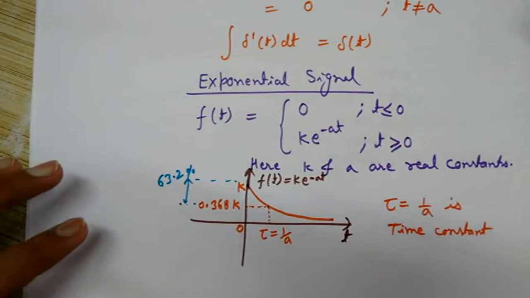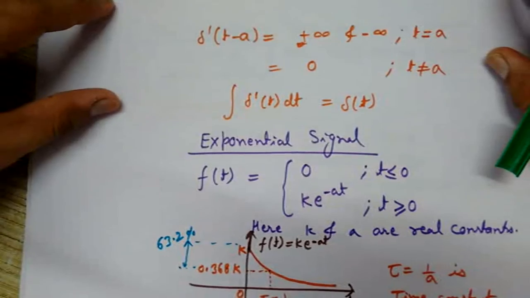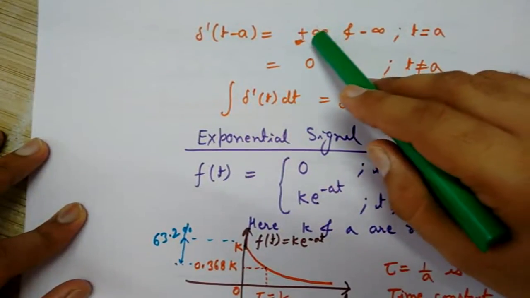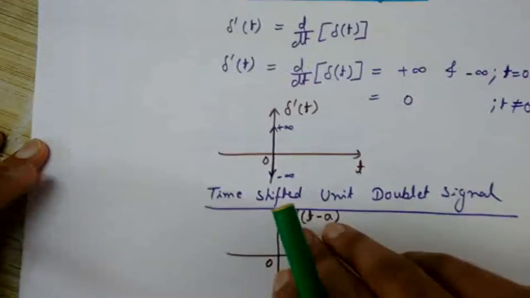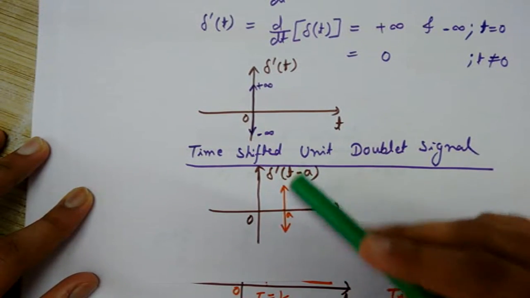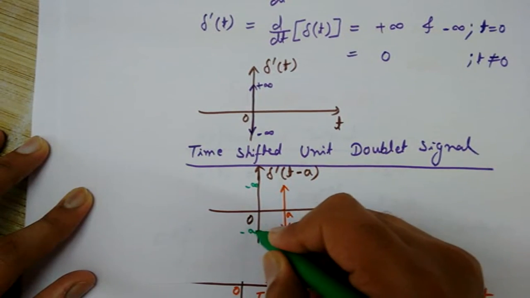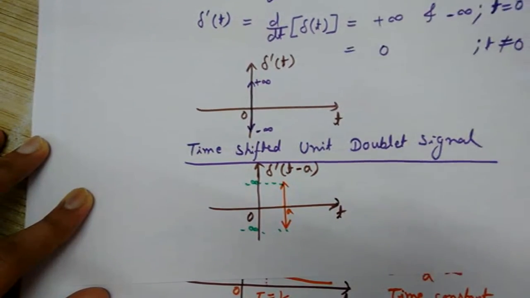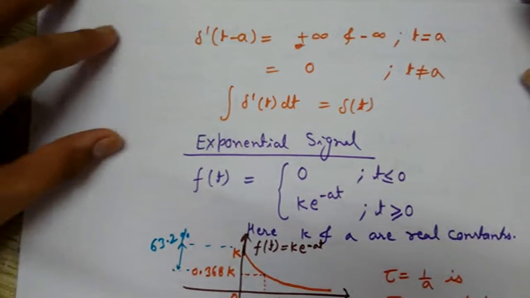For this shifted signal, delta dash t minus a is equal to plus infinity and minus infinity at t equals a, but for t not equal to a, it is 0.